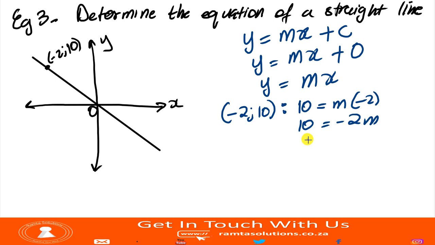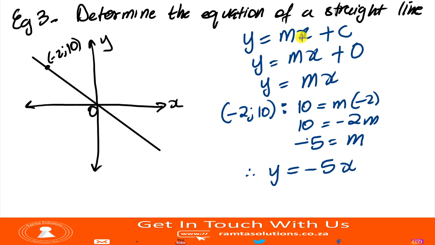This therefore means m equals minus 5. Therefore, this means the equation of our line is y equals negative 5x. Okay, it's negative 5x. And you can see, indeed, this is negative 5x. Look at it. The slope is negative. It makes sense, isn't it?